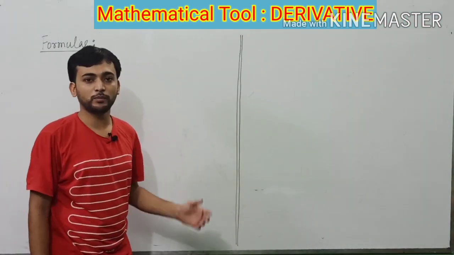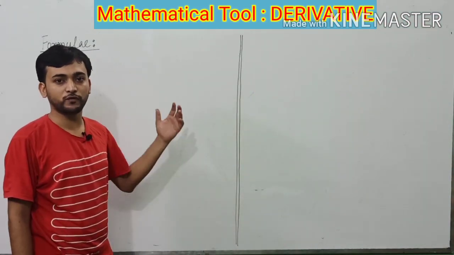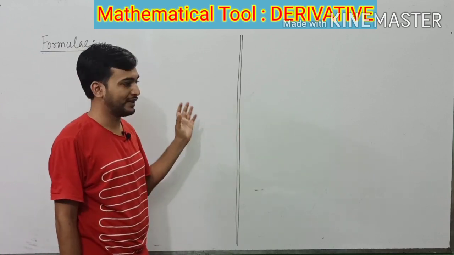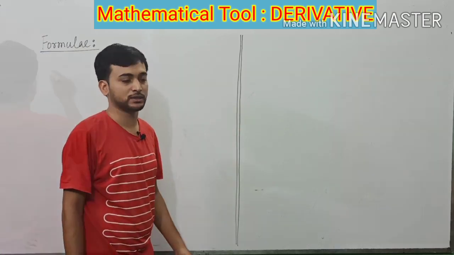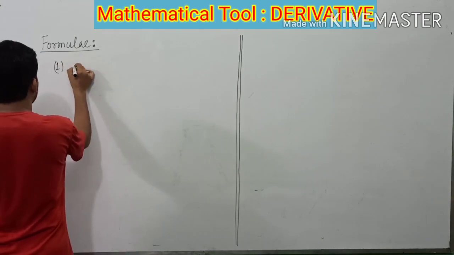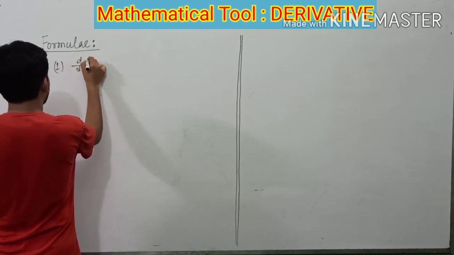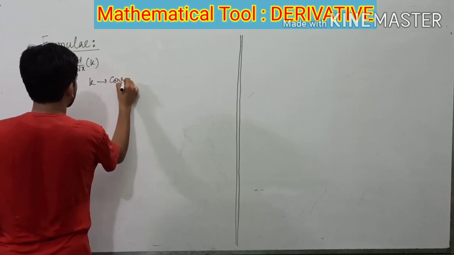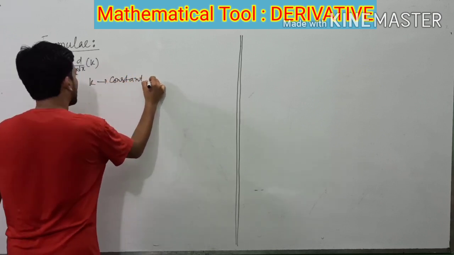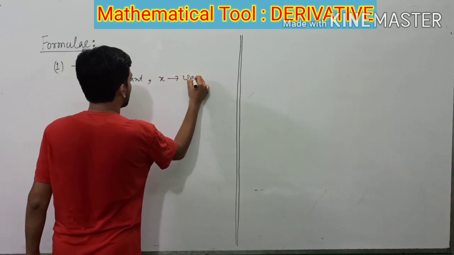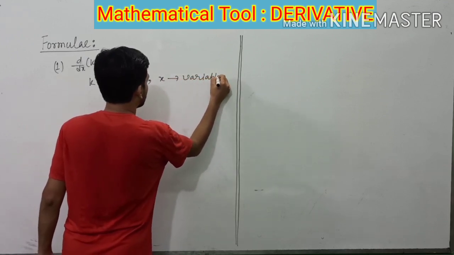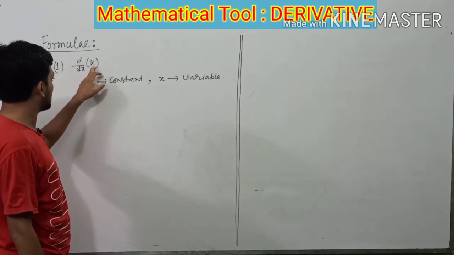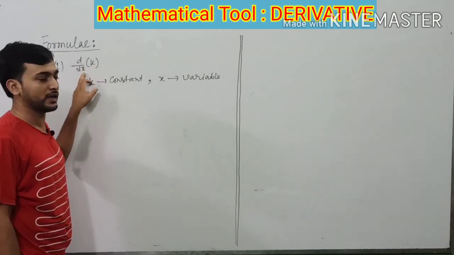Okay, now I am going to write down all the formulae related to derivatives that we have to use while solving numericals in physics. Number 1, d/dx of k. Here k is a constant and x is a variable, meaning we are going to consider the derivative of any constant with respect to any variable.